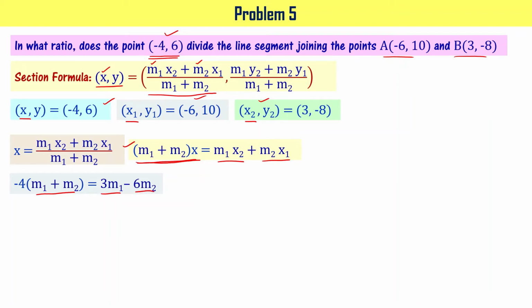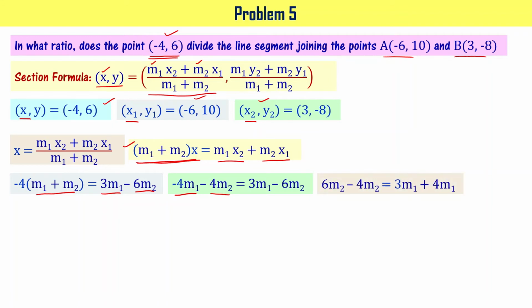Now let me rearrange this so that I can write it as minus 4 m1 minus 4 m2 equal to 3 m1 minus 6 m2. Let's rearrange this such that I can write it as 6 m2 minus 4 m2 equal to 3 m1 plus 4 m1.